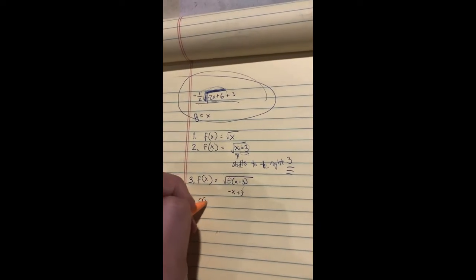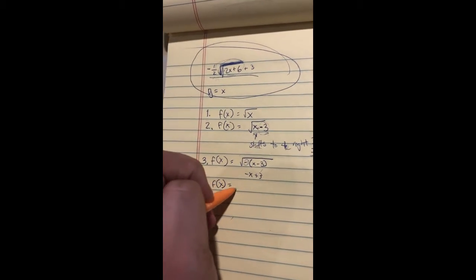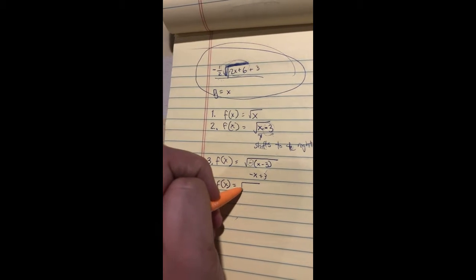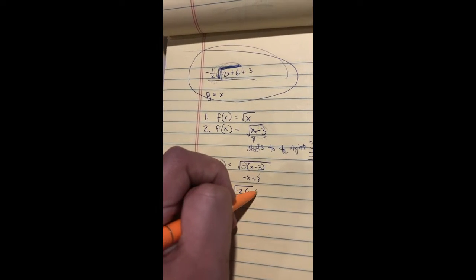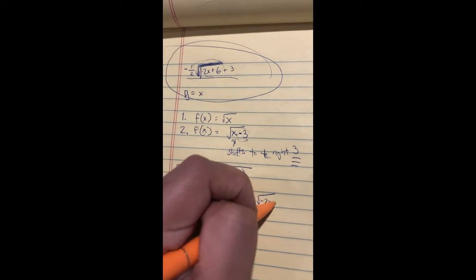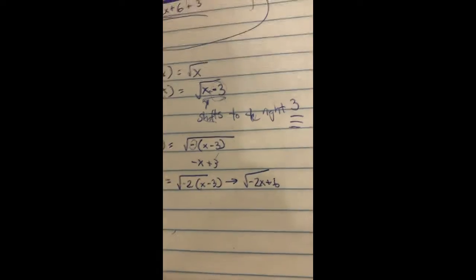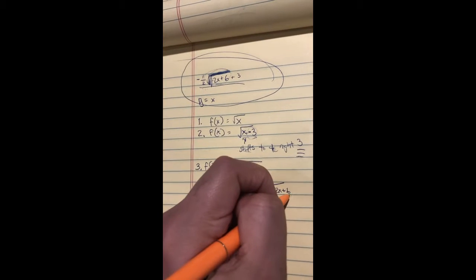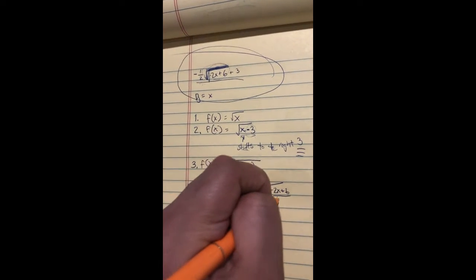And the answer is step 4. F of x equals square root of negative 2 times x minus 3. And when you distribute all of that, you get negative 2x plus 6. But what does this entail? What does it imply? Well, it implies that there's a horizontal compression of 2. Now remember the fact that when you change the x coordinates, things are reversed, right?